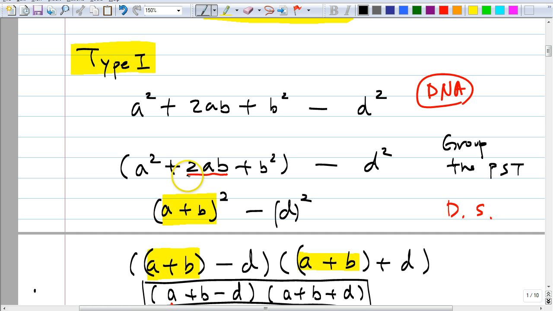That middle term tells you your mother and your father right here. That 2AB tells you which 3 terms go together. That's your middle term. And do I need D for that trinomial to be a perfect square trinomial? No, D is not involved. That's your DNA.